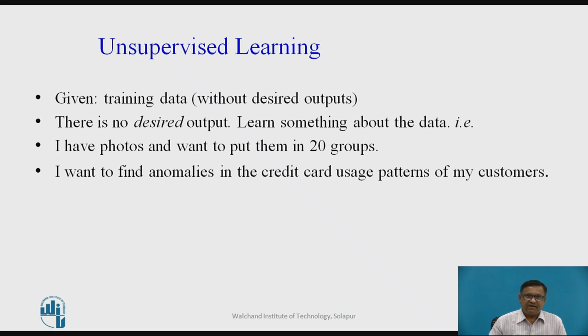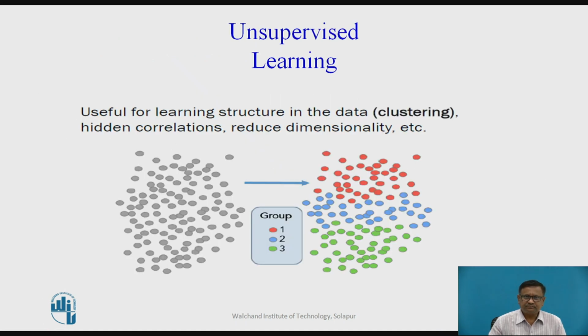Say, for example, I want to find anomalies in the credit card usage patterns of my customers. What the anomalies are is not given to the machine learning algorithm. The machine is only asked to find the anomalies, and it learns and finds them itself, or we can say abnormalities, or unauthorized transactions on the credit card.